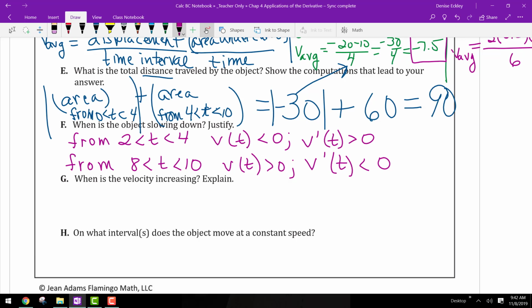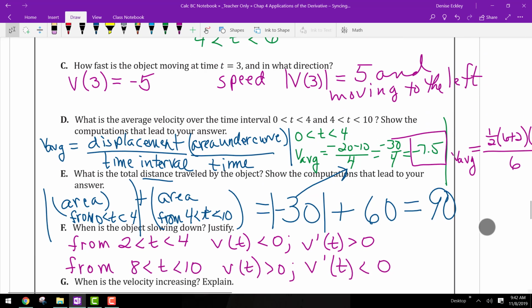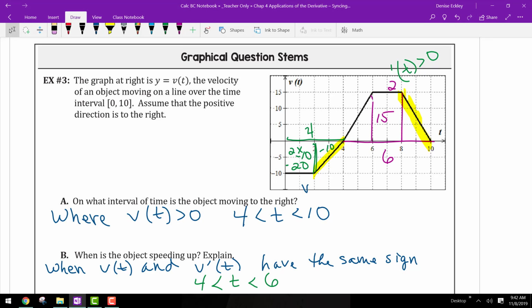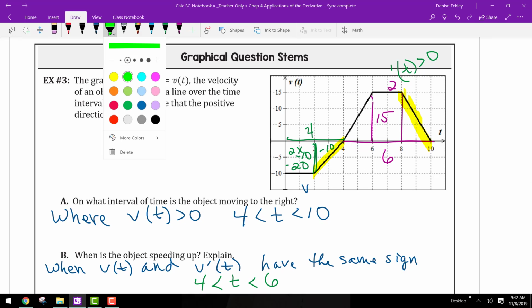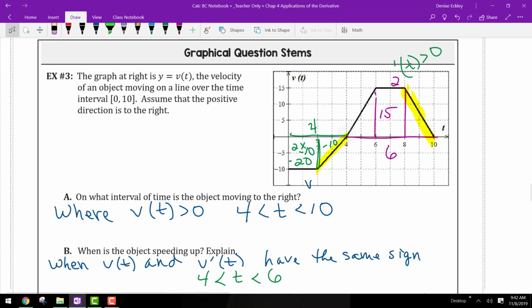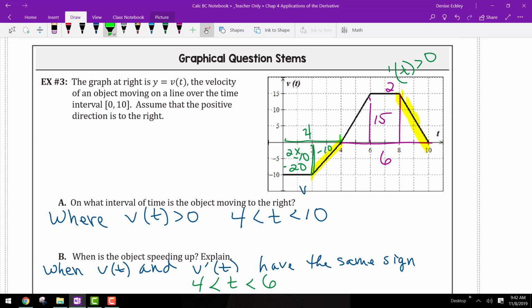They have opposite signs. When is velocity increasing? It's going to be where the velocity and acceleration have the same sign. And there's only one part on this graph where that happens, and that is this one section right here between the time unit of 4 and 6, because we have positive velocity and positive acceleration.